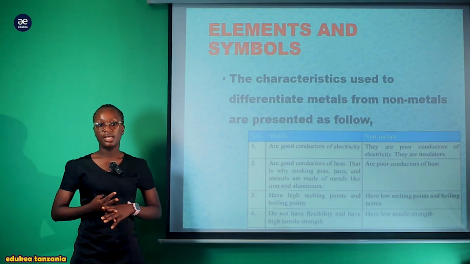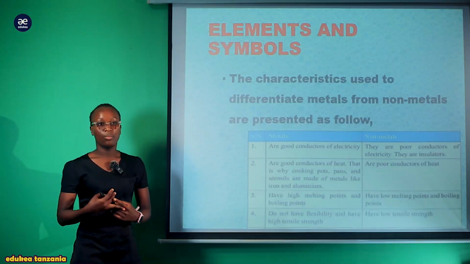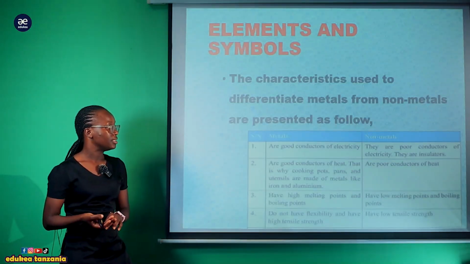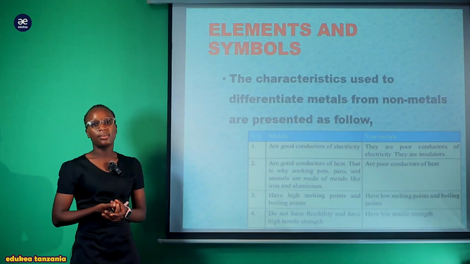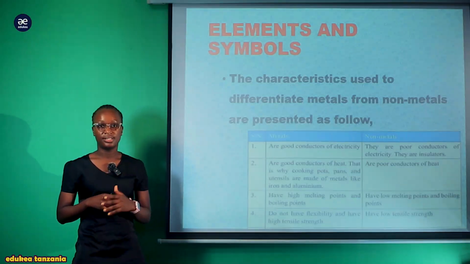They are insulators. Most of non-metal materials are insulator materials. They don't allow passage of electricity or it is difficult to conduct electricity. Another characteristic which can differentiate metal from non-metal is metals are good conductor of heat.